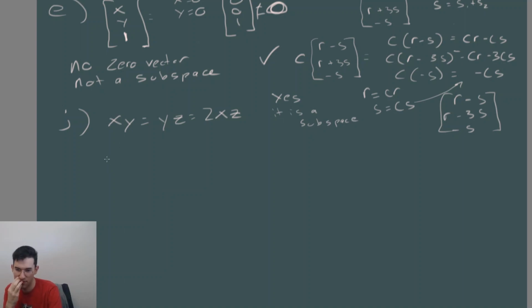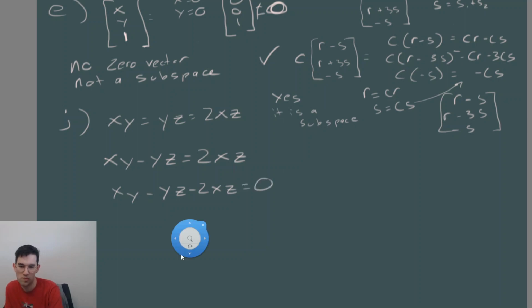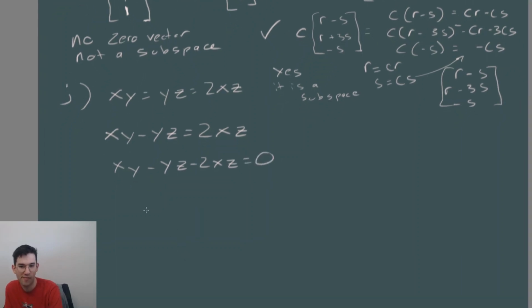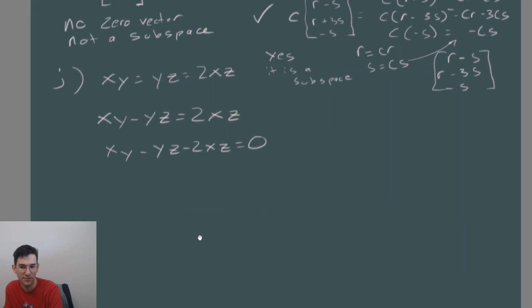Okay. The set of all vectors where this is true. So, since we have an equivalent expression, xy minus yz equals 2xz, xy minus yz minus 2xz equals 0. All right, let's check zeros first.